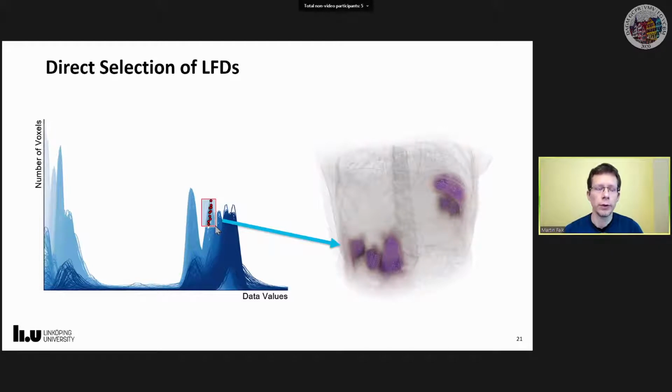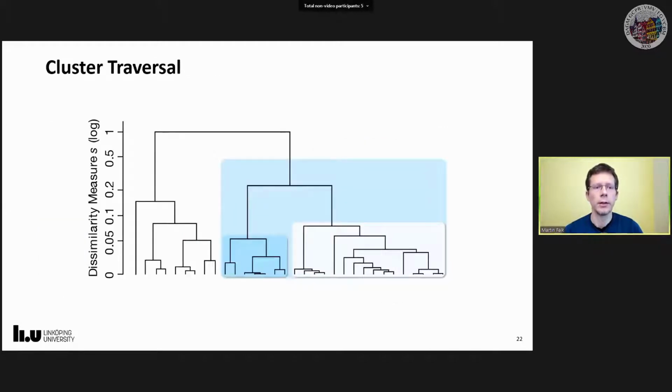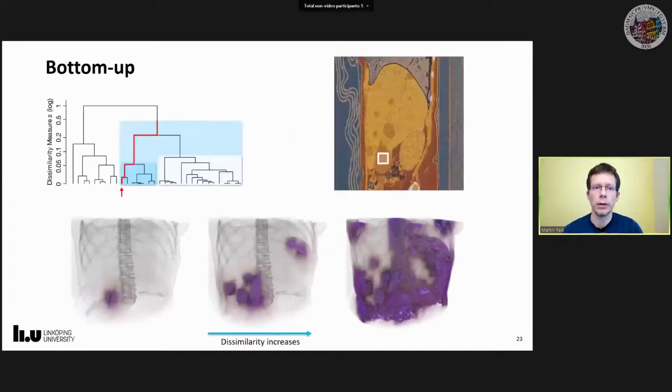The other way of selecting these distributions and features is to make use of the cluster hierarchy, which allows us to traverse the clusters either top down or bottom up. The bottom up approach more closely resembles a similarity-based selection.